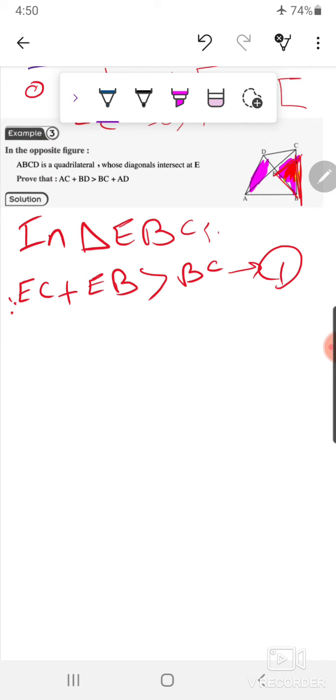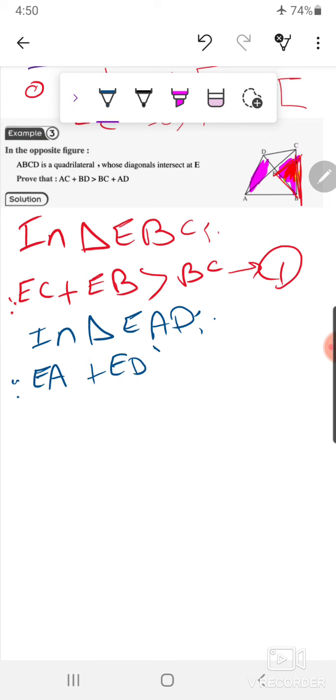So I write it in triangle EAD. Also, the sum of two sides is greater than the third side, which is EA plus ED greater than the third side, which is AD. Here I make this side plus this side greater than the third side. Understand till now? And I will write it, which is number 2.